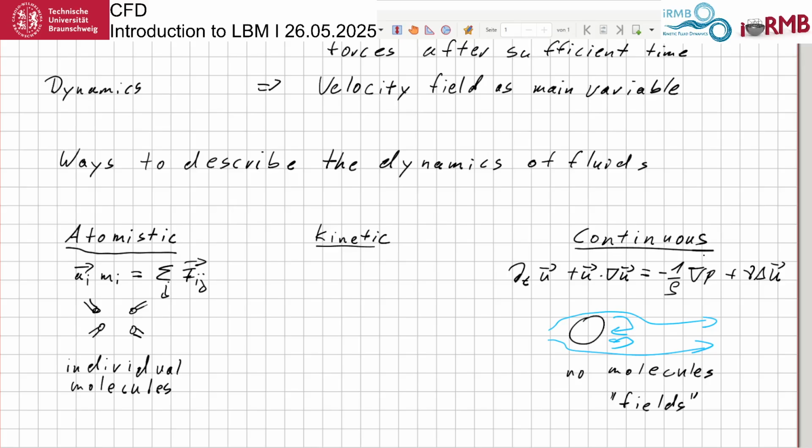So this was in the early 19th century. And if you know something about the history of science, then the 19th century was the time when many of these differential equations were discovered.